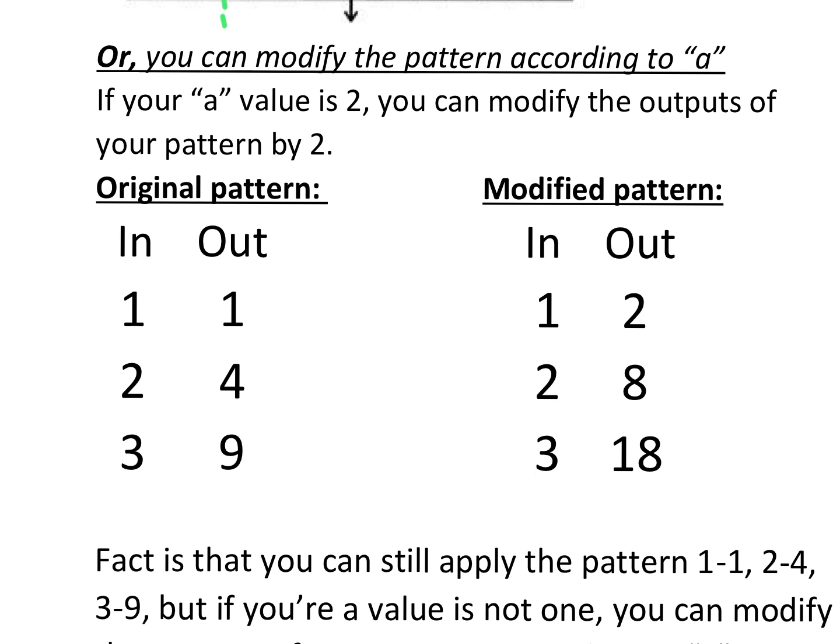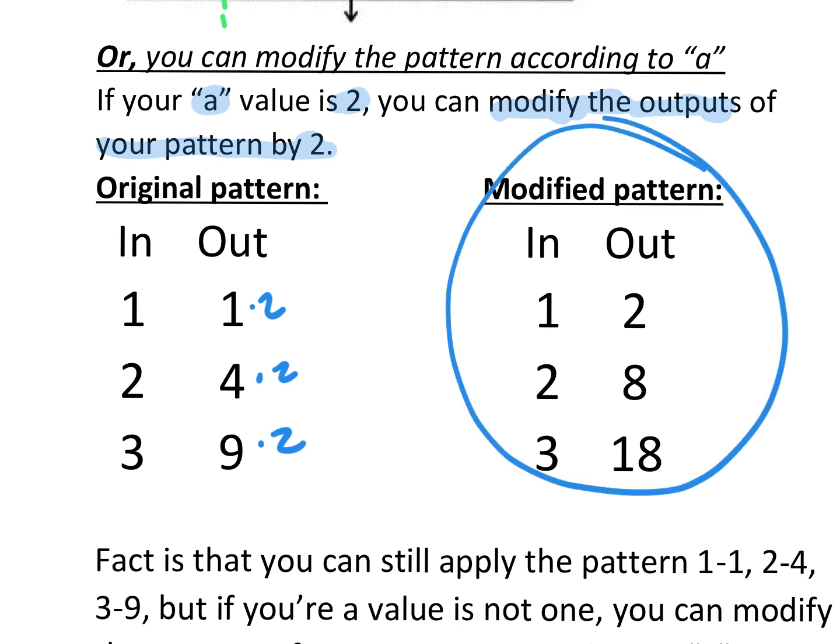Now let's say your new a value is 2. You have to modify the outputs of your pattern by 2. So you multiply your outputs only, this times 2, this times 2, this times 2. Then it would give you your new modified pattern of 1, 2, 2, 8, 3, 18. That's what I'm explaining right there.